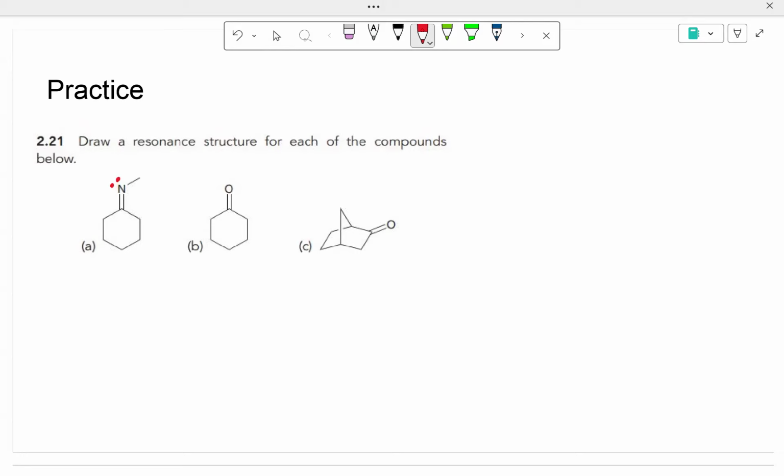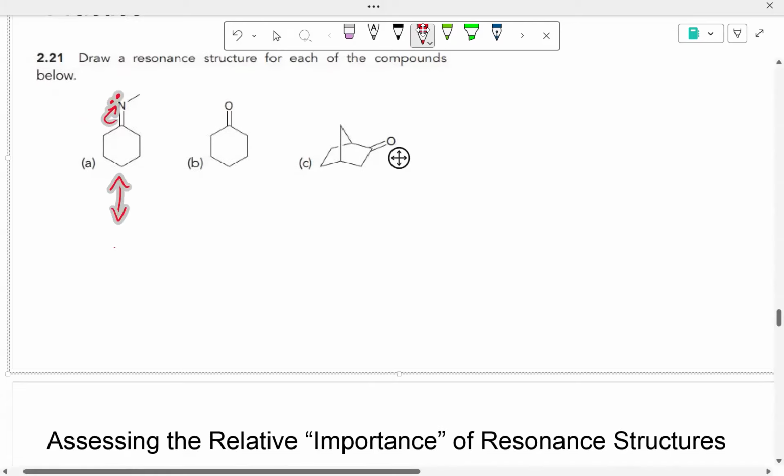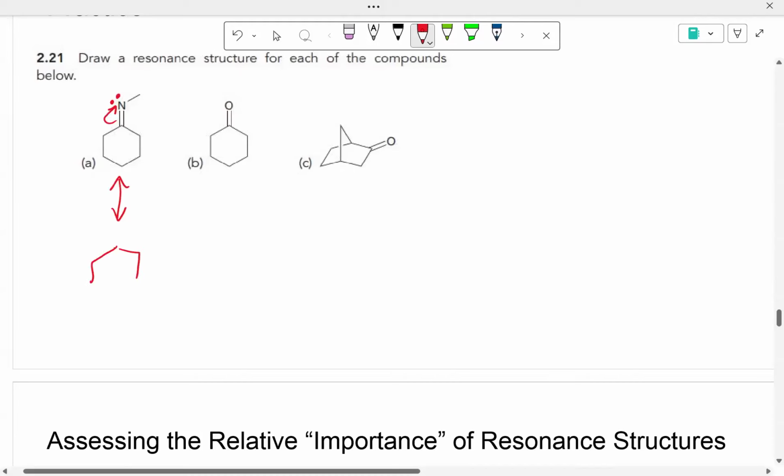If we have 2 atoms that have different electronegativities, we can always move those pi electrons up to the more electronegative atom. And nitrogen becomes negative, the carbon becomes positive.